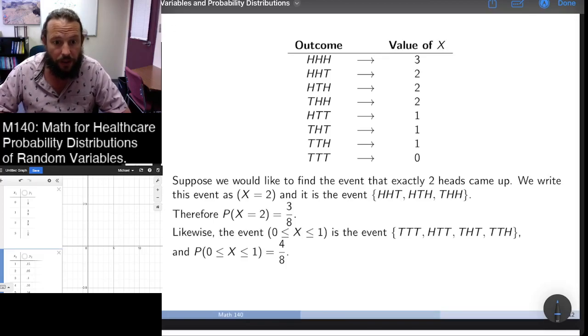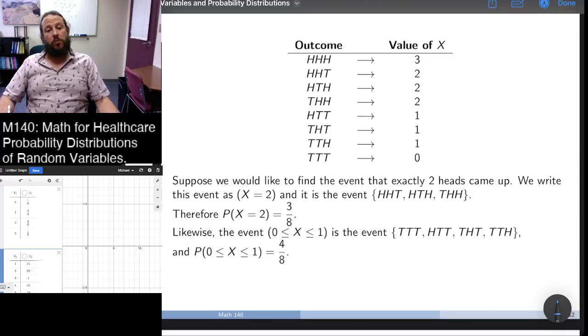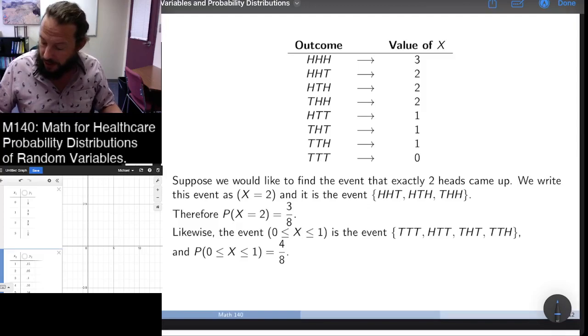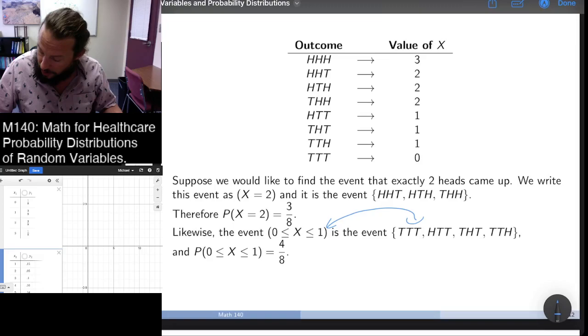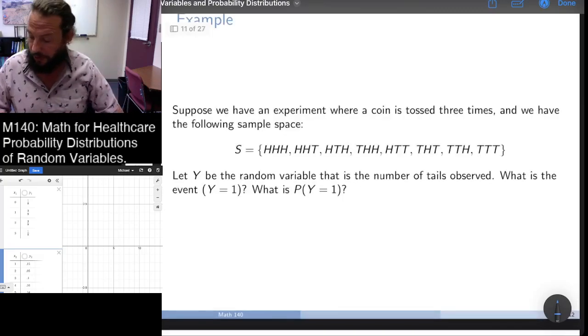Our event F has 4 in it, we know the sample space has size 8. And so the probability of our random variable being between 0 and 1 inclusive is 4/8, otherwise known as 1/2. All right, so again, those things are the same, this and this, same but written differently. And we could see this is going to be very convenient notation with a random variable in order to move forward with our studies.